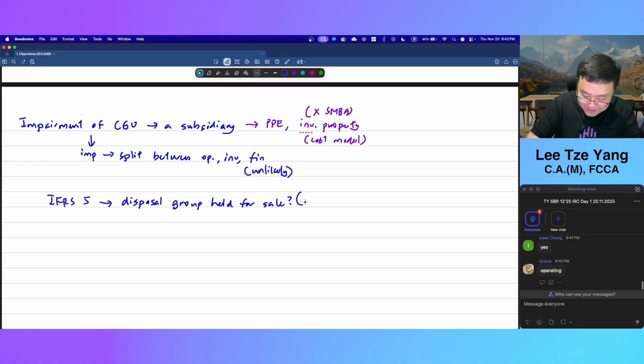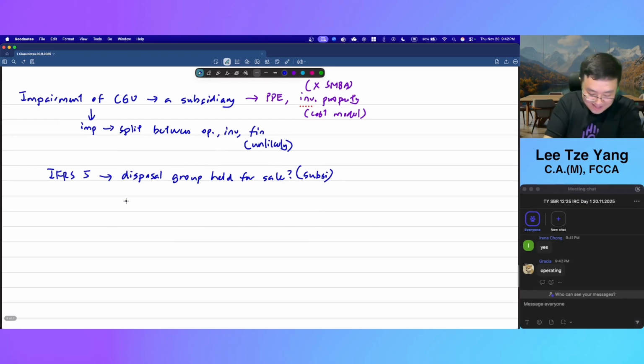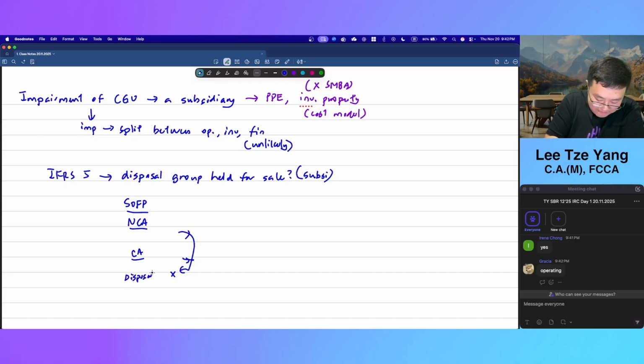Let's say the disposal group is a subsidiary. Then what happened? Okay, then you know what happened, right? In the SOFP, you will have the NCA and the CA. Then all the NCA will come to CA, right? Then there will be something here. We call it the disposal group held for sale. Like that. That's what we do.